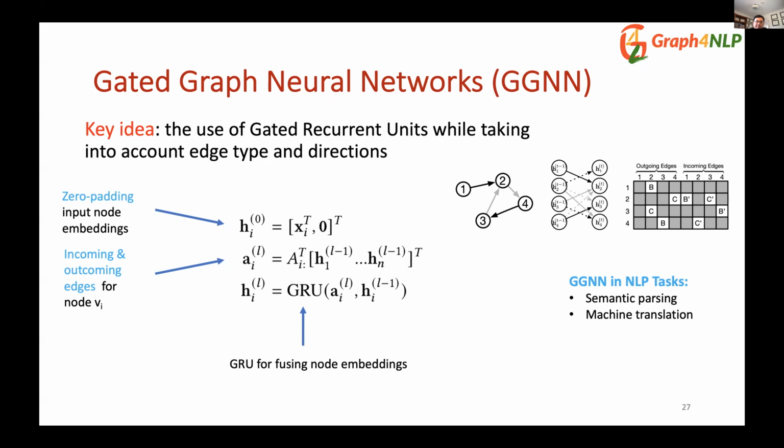At the same time, they form this augmented matrix to do the computation. And finally, they use a GRU unit instead of a simple MLP to fuse the previous node embedding and the message. So this is actually the first modern paper for graph neural nets.